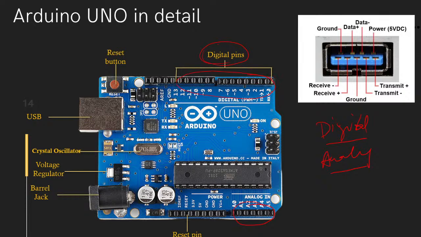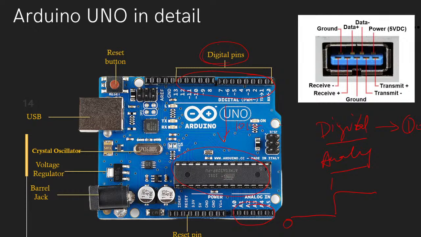What is the difference? A digital pin is 1 or 0, that is digital. The signal will be only 0 or only 1. Whatever data is transferred, it is transferred in the form of binary, 1 or 0, machine language.